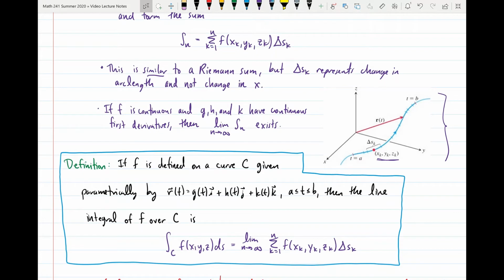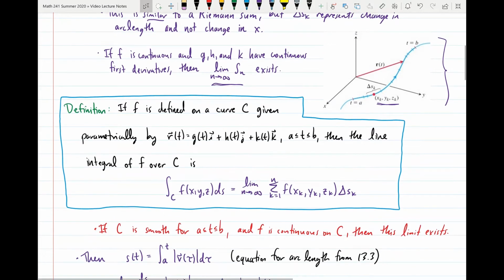And if our function f is continuous, and if the component functions g, h, and k have continuous first derivatives, then we can conclude definitively that the limit as n goes to infinity of these sums s sub n is going to exist. And it is understood here that when we say the limit as n goes to infinity, it implies that the length of each of these subarcs is going to 0. So delta s sub k is going towards 0 as n goes towards infinity.